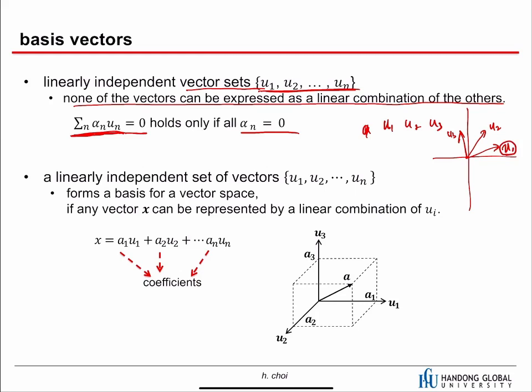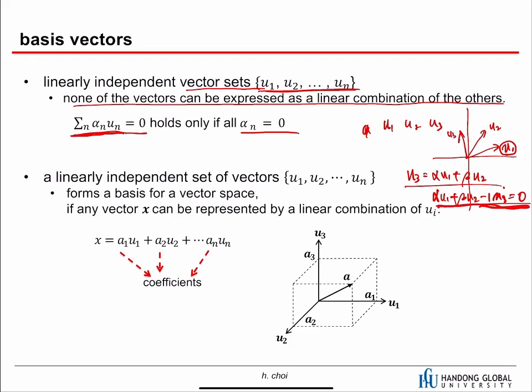Or u2 and u3 can be represented as a weighted sum of the others. Like u3 can be alpha u1 plus beta u2. So in this case, alpha u1 plus beta u2 minus 1 u3 is 0. Okay, so alpha is non-zero, beta is non-zero, and 1 is non-zero, but still we can have 0.